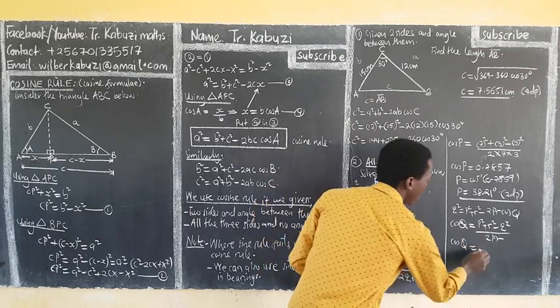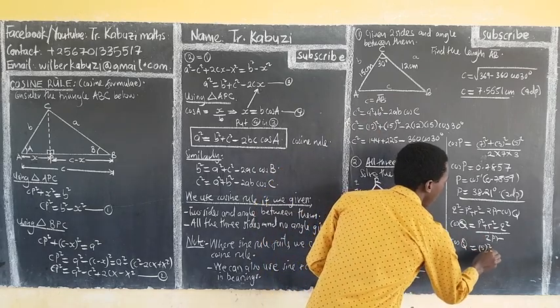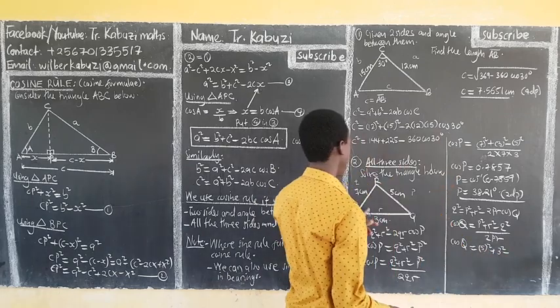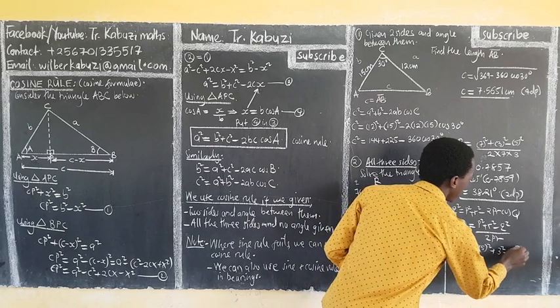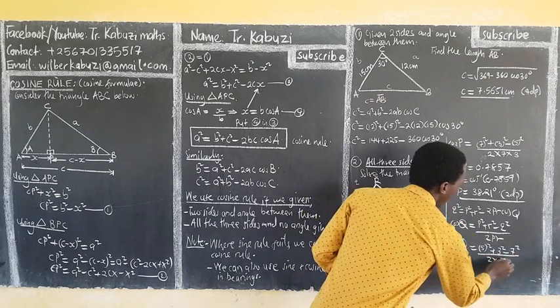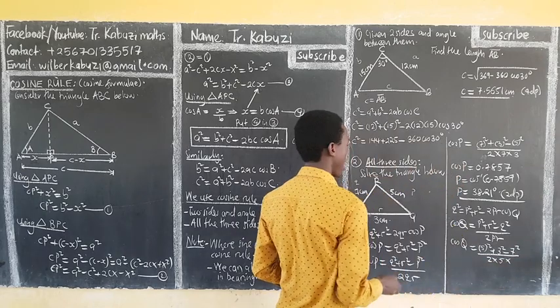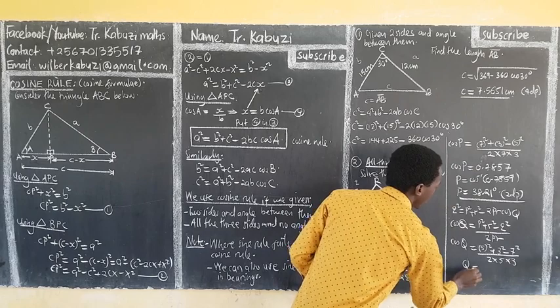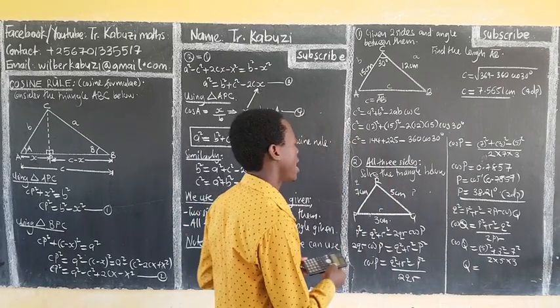Our P squared is 5 squared plus R, which is 3 squared, minus Q. Our Q is 7 squared, the whole over 2 times 5 times R, which is 3. And from there, you can easily get straight away your angle there.